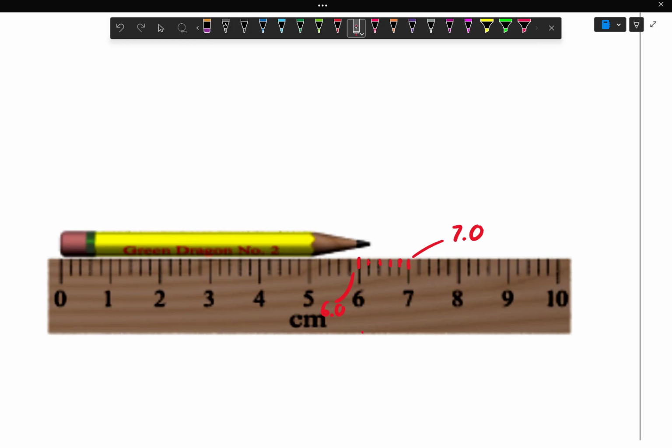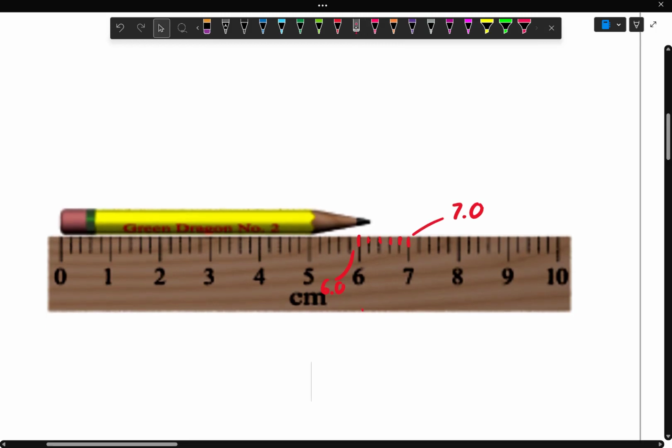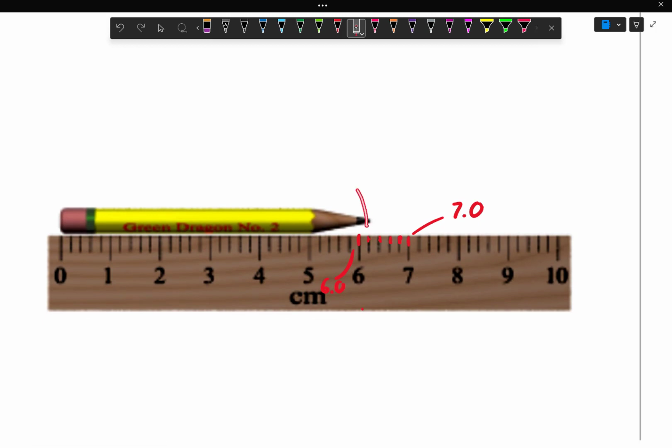And so you've got 6.1, 6.2, 6.3, etc. So that means that these lines indicate a fifth of that. So this is just 6.2 centimeters, this is 6.4, this is 6.6, and 6.8.